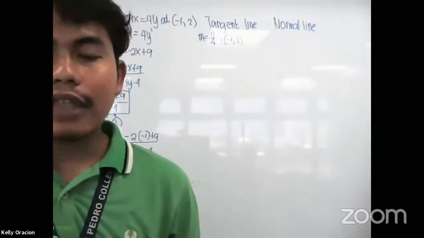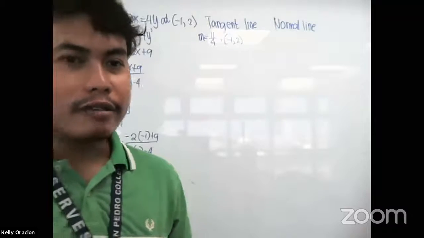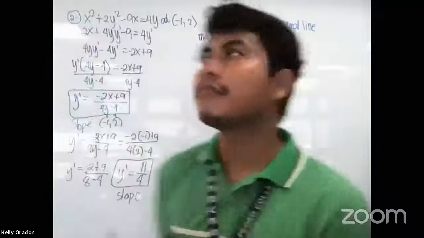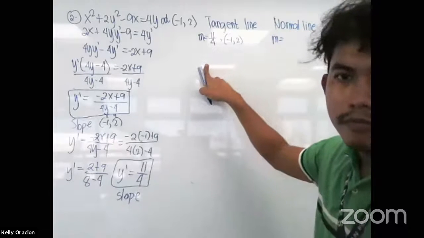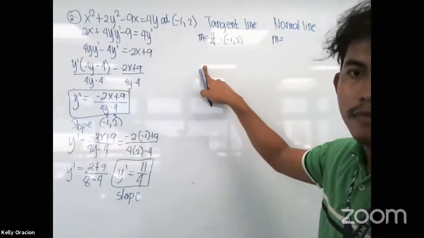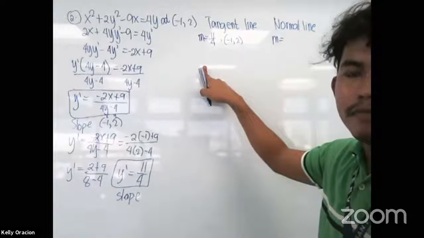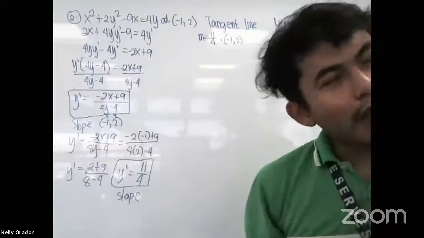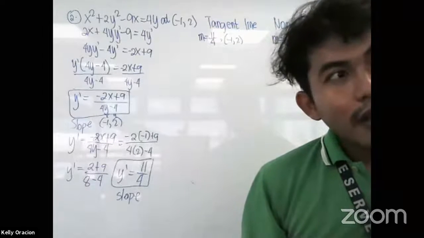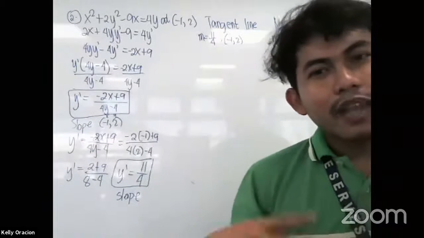Yes, Tantoy. Ella Tantoy. Sir, what is the slope of our normal line? -4/11. Paano mo nakuha? I-reciprocate, sir. Ibaliktad mo, sir, tapos i-change yung sign.